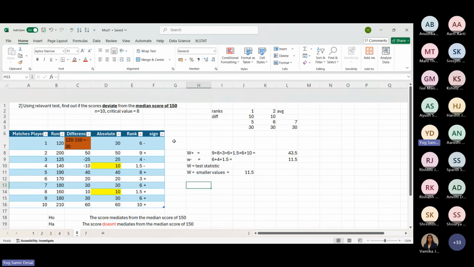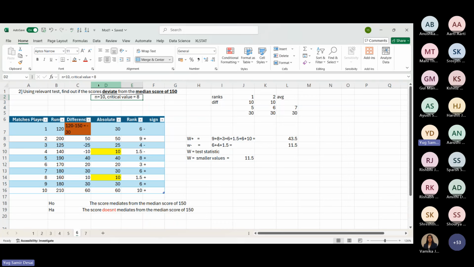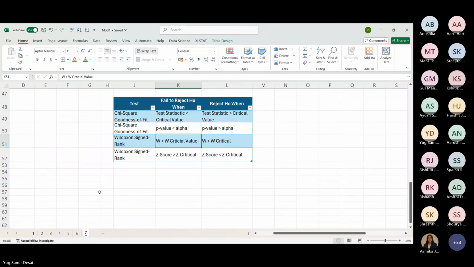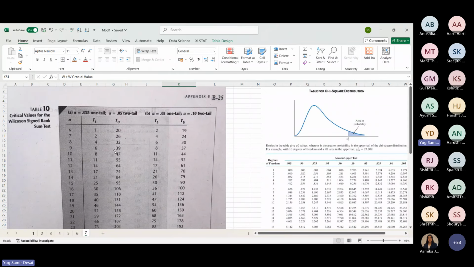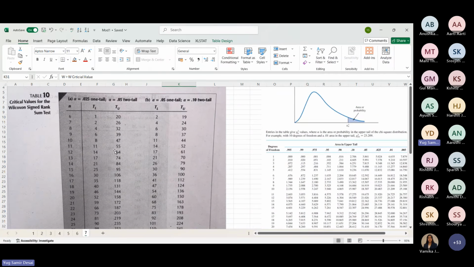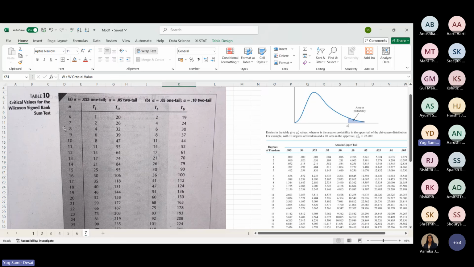We were already given the critical value, which was 8, but in case the need ever arises, when our n is less than 30, we have to look at a table to get the critical value. The first column is the n, our total sample size. In this case, our total sample size was 10, and the value corresponding to it was 8. So 8 is our critical value, as written below Table 10, critical values for the Wilcoxon signed rank sum test.